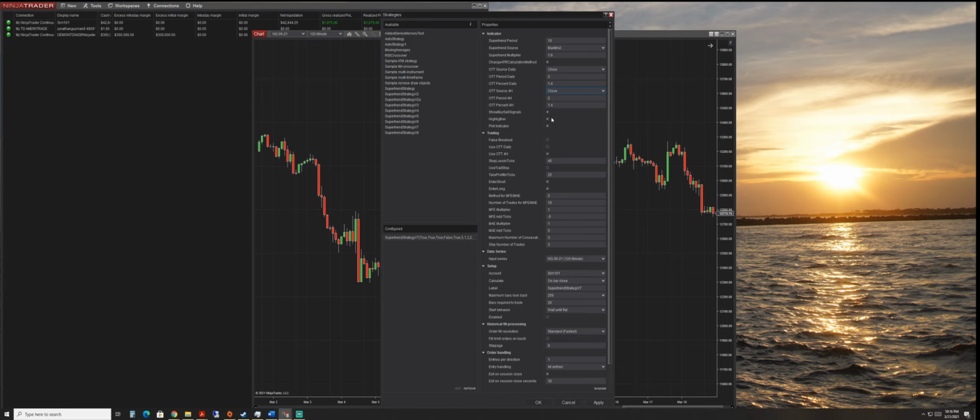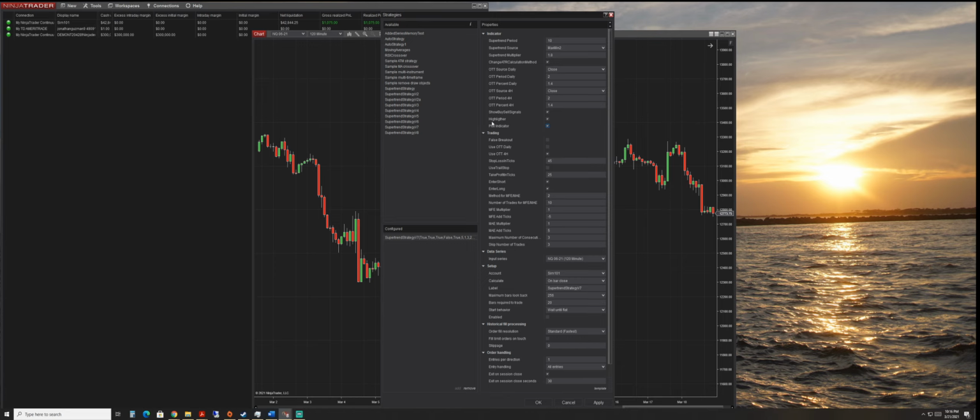The highlighter is basically the indicator. You want to show the little highlight area, the show buy and sell signals. If you want the chart to show the buy and sell signals, I suggest you keep those on. The plot indicator, I wouldn't. It just depends. Sometimes it slows the software down.